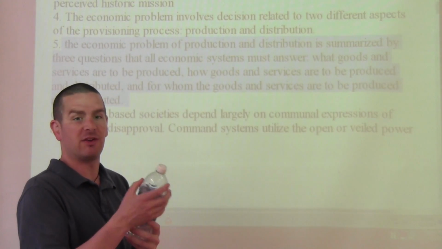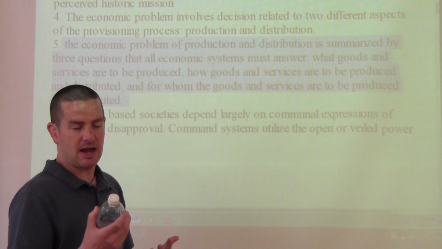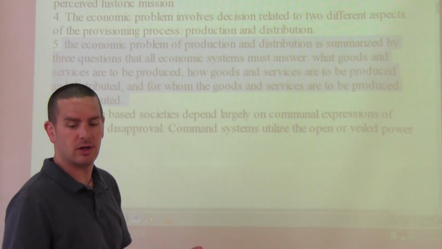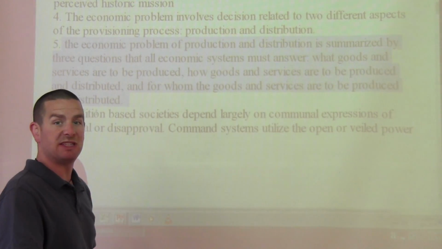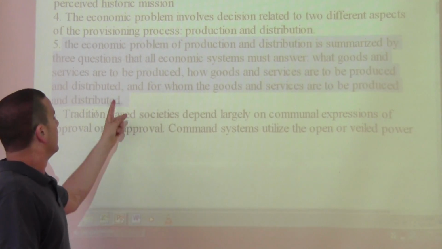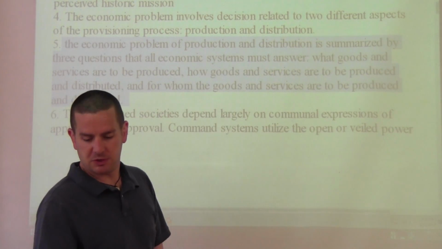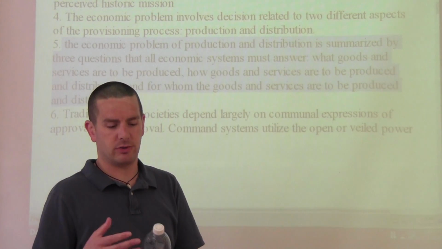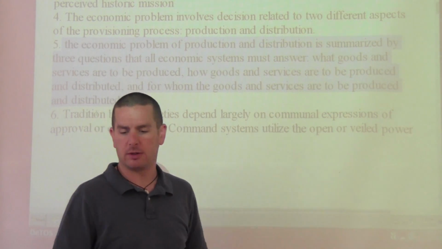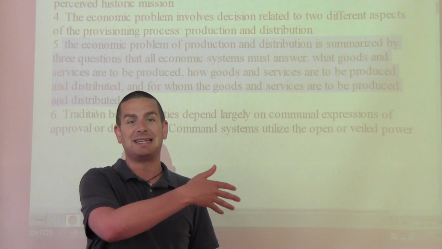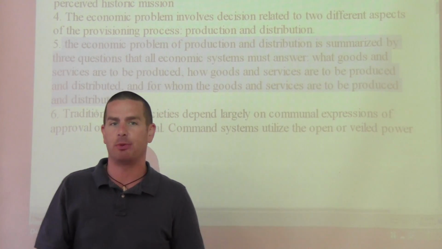Are we going to make them out of plastic, or are we going to make them out of a canteen, or is it going to be steel? And for whom are we going to produce them? Are we going to produce bottles of water for us, or are we going to produce bottles of water for only females? Who is going to get the output?